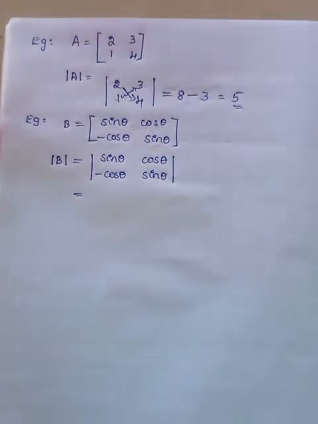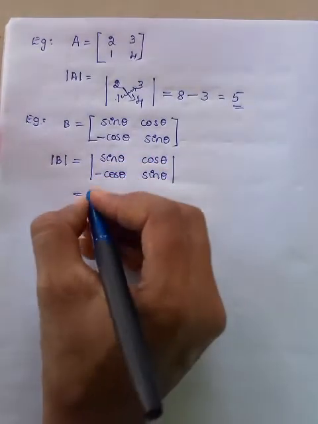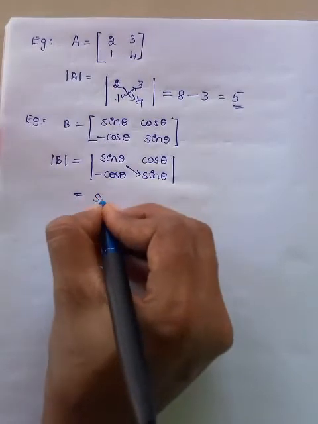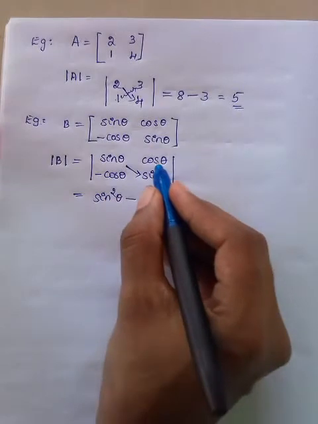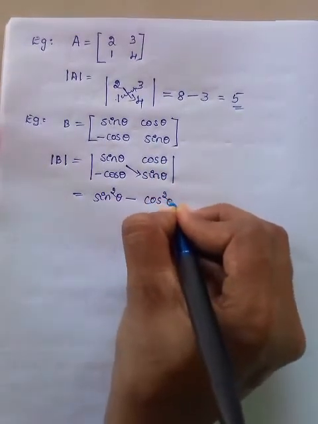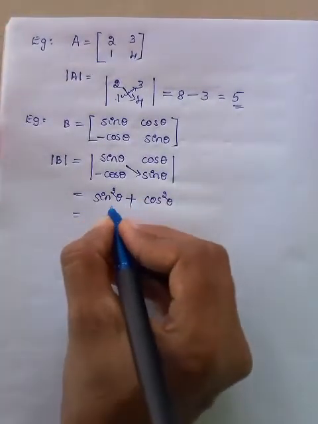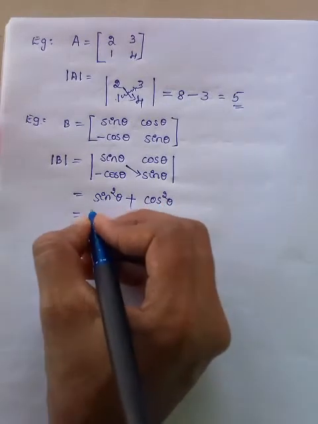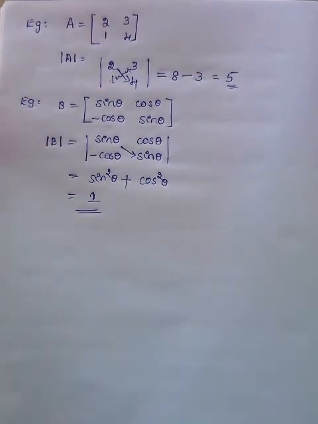This is equal to, first take the product of diagonal element, sin theta into sin theta, sin square theta minus cos theta into minus cos theta. Minus into minus, here plus. So sin square theta plus cos square theta is 1. In this way, we can find the determinant of 2 cross 2 matrix.